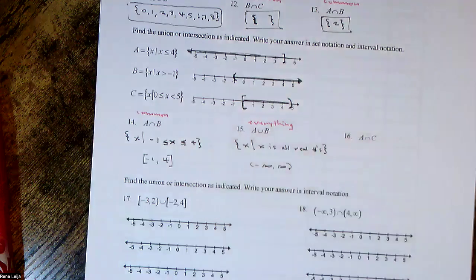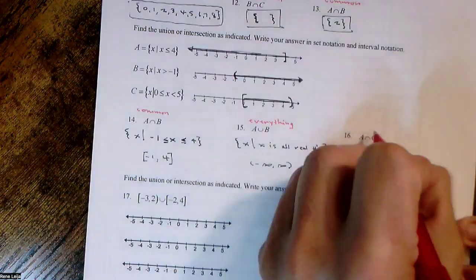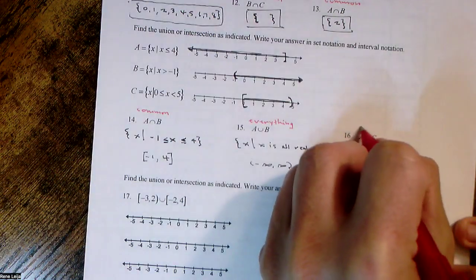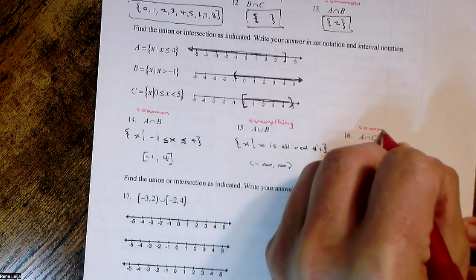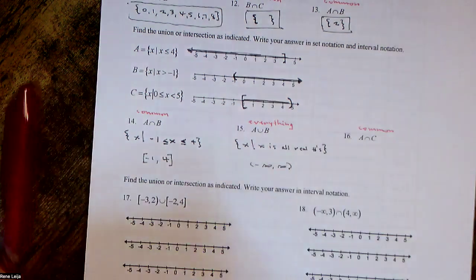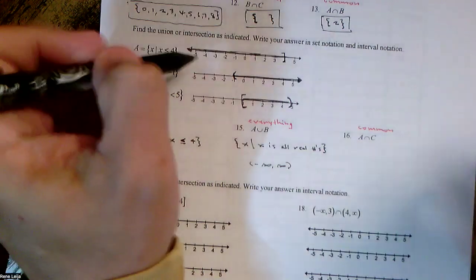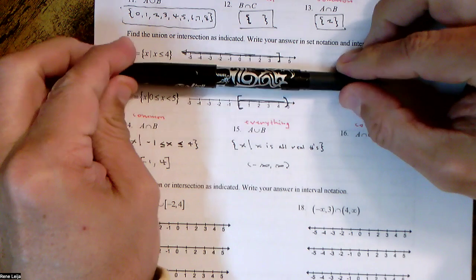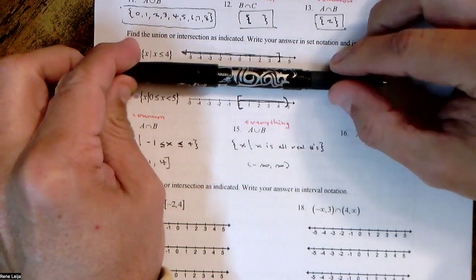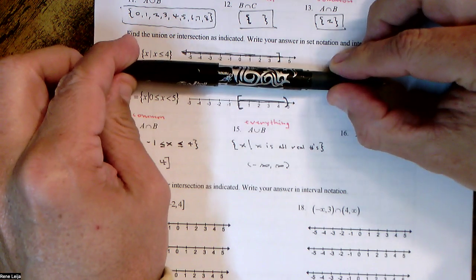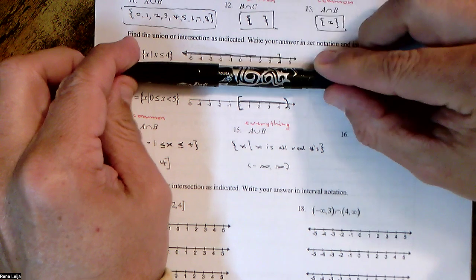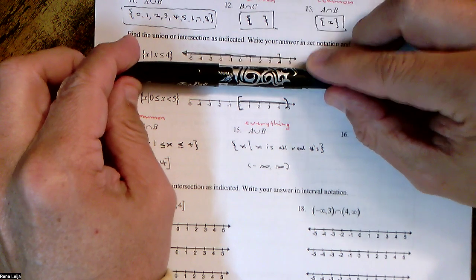Okay. All right. Number 16 is A intersect C. So we only want what is common. So I'm looking at A and C. We're not looking at B. So what is common is, where do things begin?